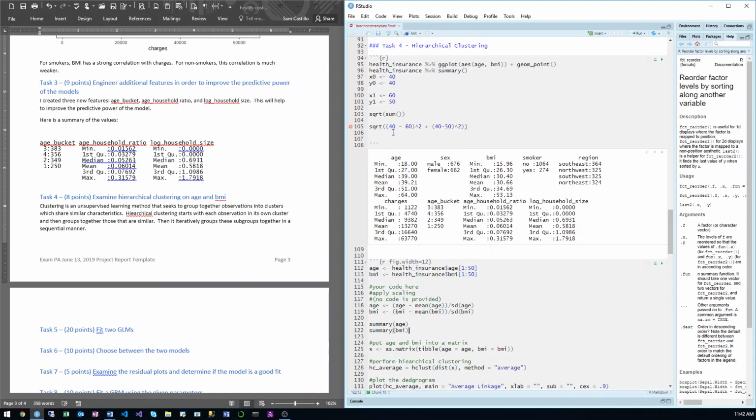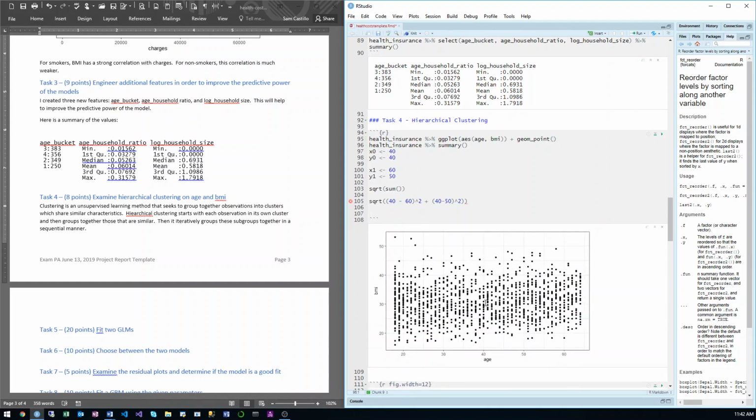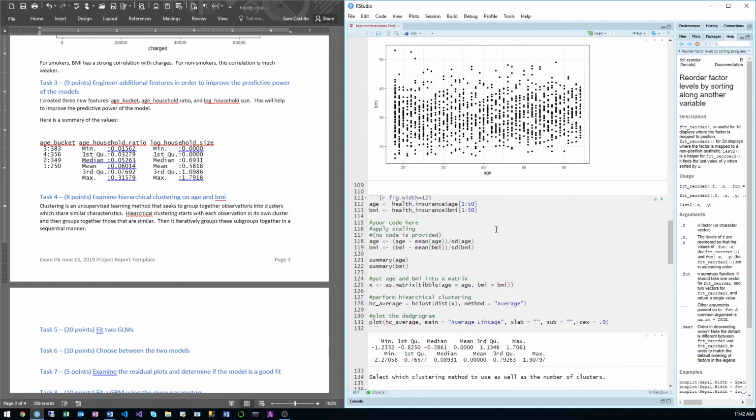This means that when we try to draw the clusters here, the same weighting will be given to age as given to BMI. So the distance will be comparable. I noticed Euclidean distance means that the units of age and BMI need to be on the same scale prior to clustering.